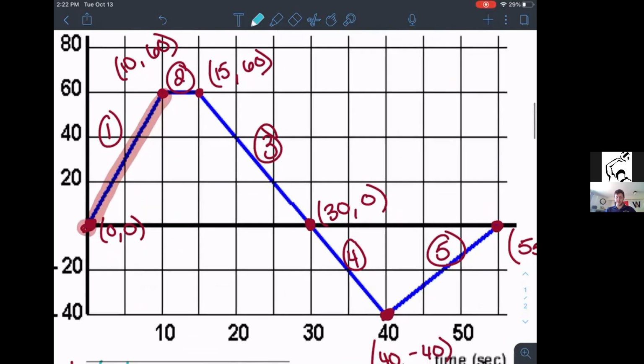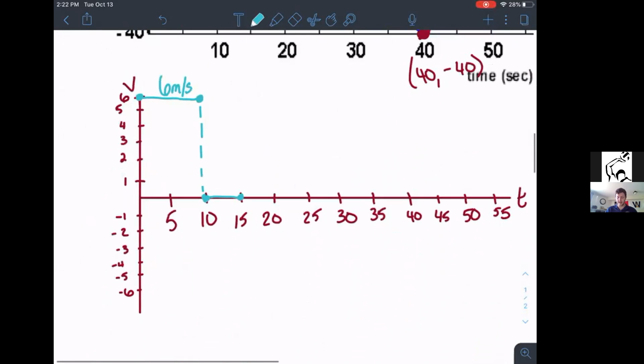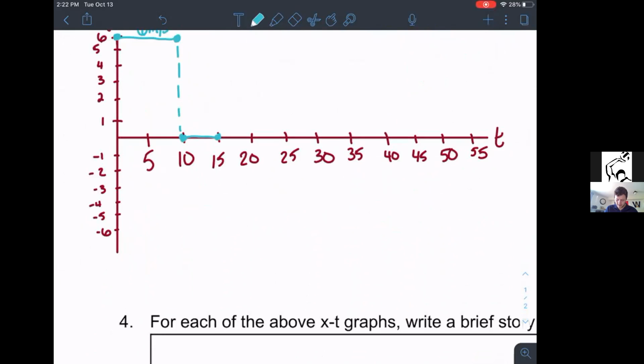The next section, from 15 seconds all the way to 30 seconds, our velocity changed, and now we're at -4 meters per second. So we're going to go down to -4 meters per second at 15 seconds all the way to 30 seconds.